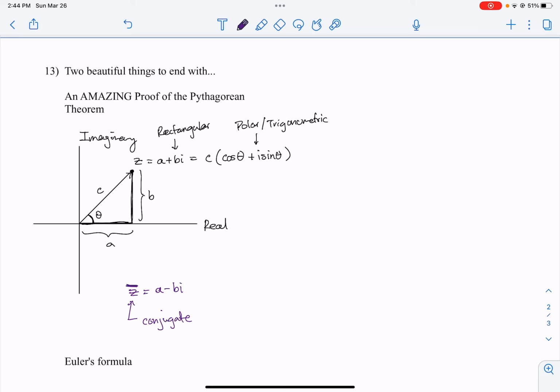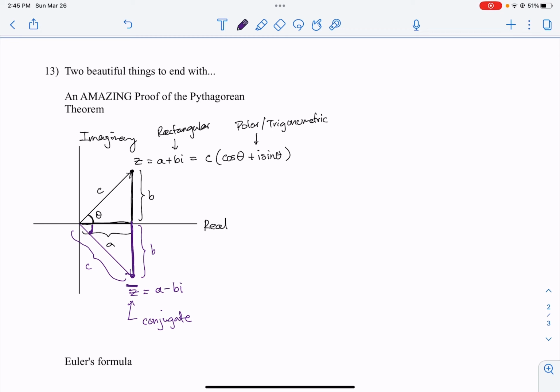If we were to graph this point, it would be symmetrical. It's down here, and we have an arrow going to it like this, and a line going like this. So we still have that length of a, this is a length of b, and this is still a length of c. We're talking about lengths here, so the b doesn't have to be negative in this case. And down here, what is the angle?